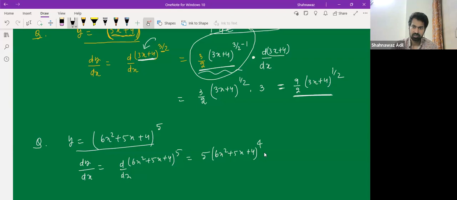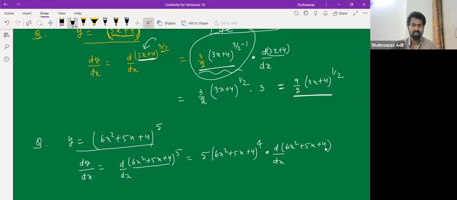Then we have to take the differentiation of this inside function also, right? So d by dx of this inside function.